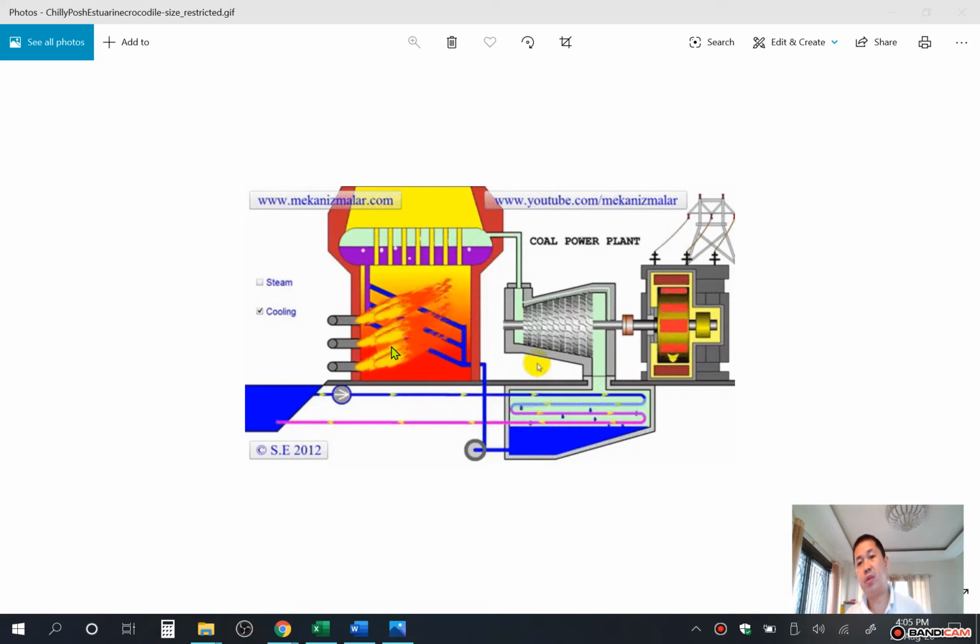The steam turbine rotates by the use of steam, and this is connected by coupling to the generator, the alternator. So the alternator produces electricity.